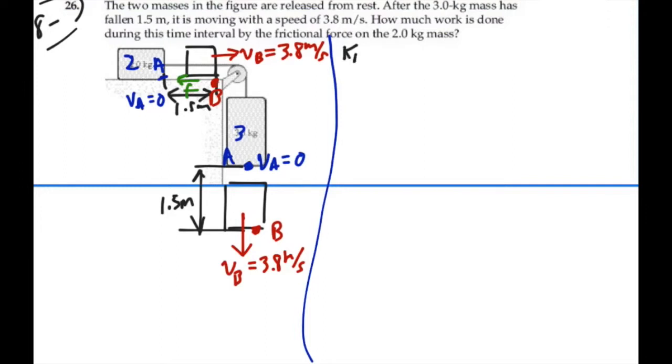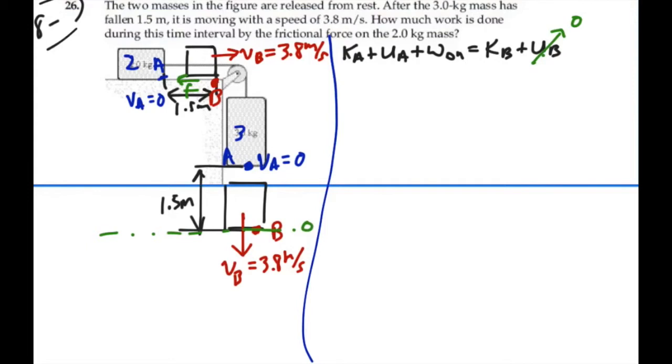So we have the kinetic energy at A plus potential energy at A plus any work done along the way equals kinetic energy at B plus the potential energy at B. Now we can define our potential energy at B to be 0, so the lower height as being our 0 height, and the height for the 2 kilogram mass doesn't change, so we definitely define our UB being 0.